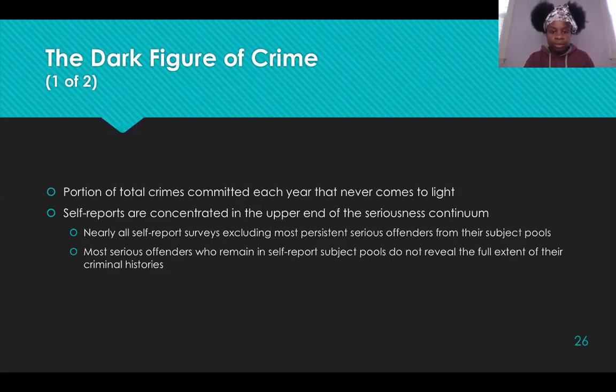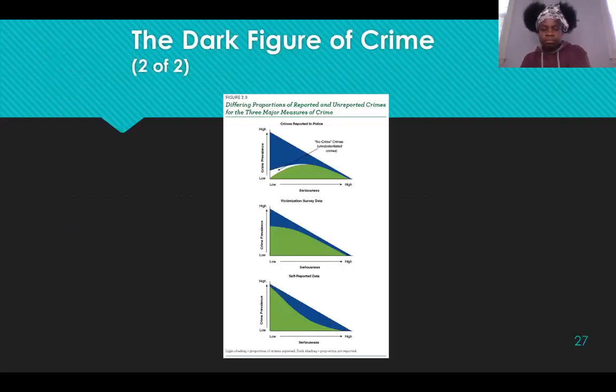So what can we conclude about the three main measures of crime in America? Remember, that is the UCR, the NIBRS, and the NCVS. Here is a chart on the proportions of reported and underreported crimes for the three major measures of crime.